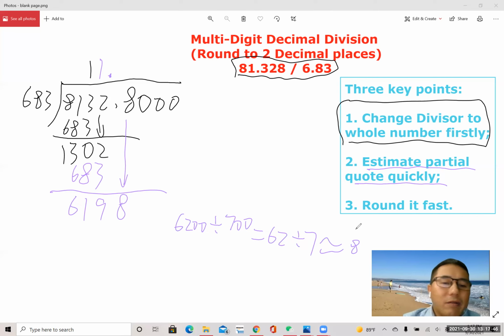But here we have another way because we can find 6,198 is close to 10 of 683. That means that we can do this.